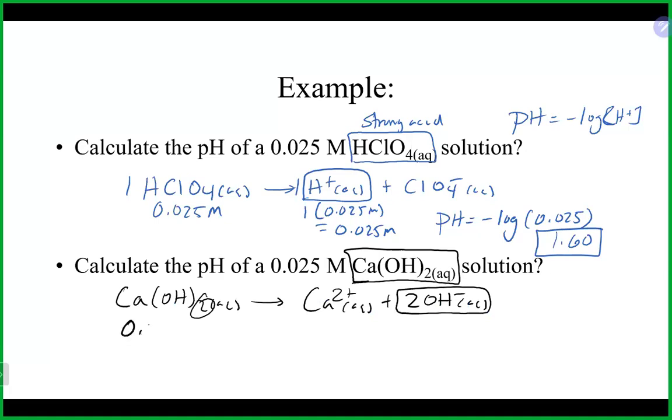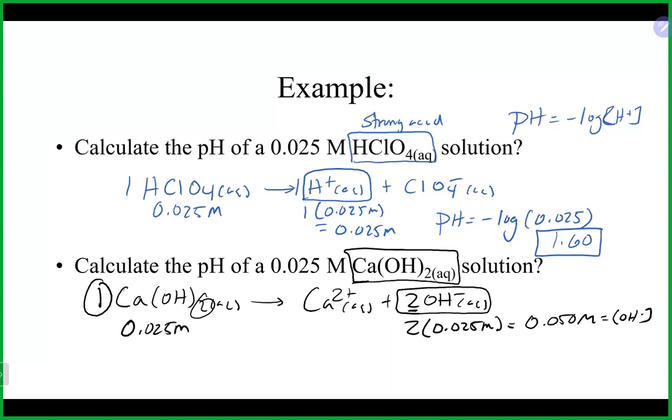When we have our 0.025 molar, it is now a 1-to-2 relationship, not a 1-to-1 relationship here. So we do need to multiply our concentration by 2 to get the hydroxide concentration. So the proper hydroxide concentration, because it's not a 1-to-1, is 0.025 times 2, which gives us 0.05 molar as our hydroxide concentration.